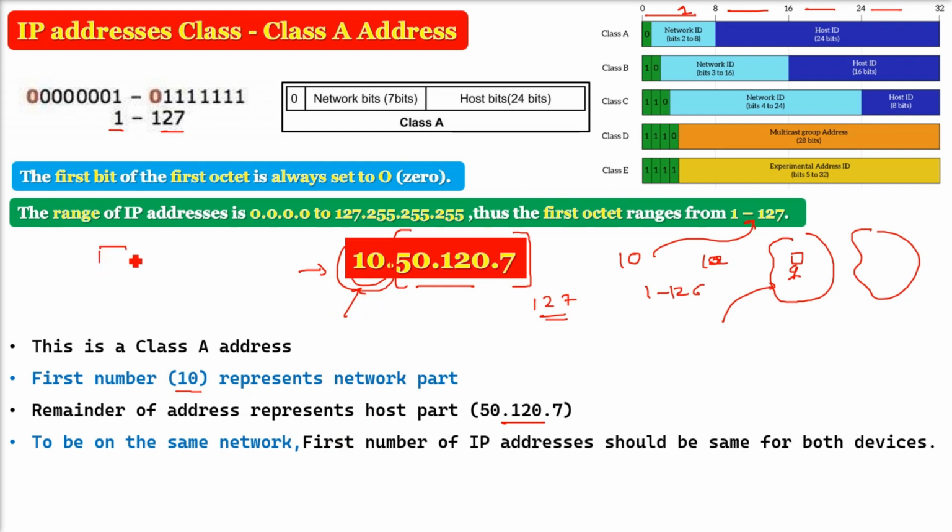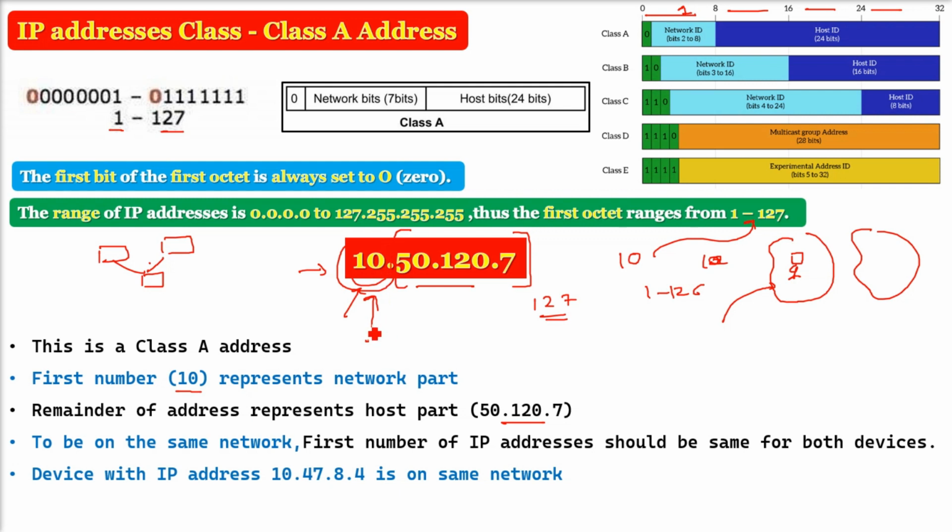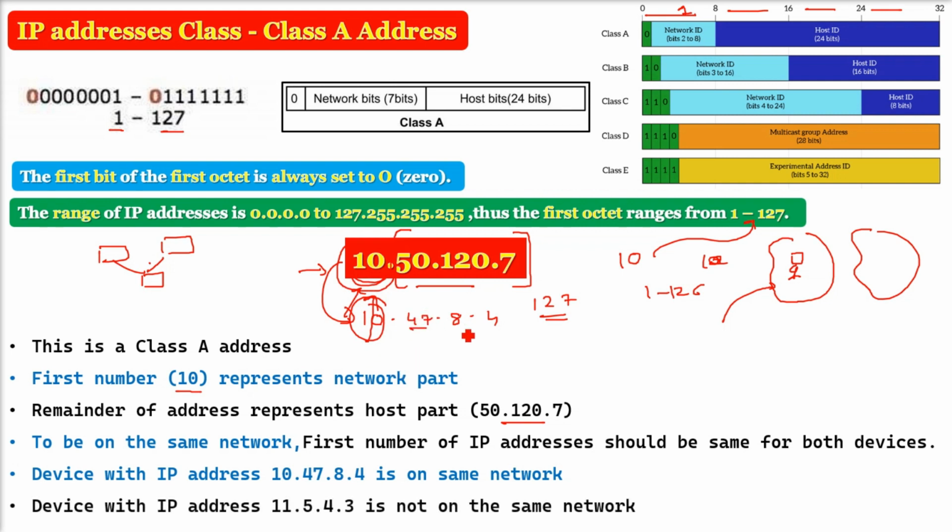If you have two or multiple devices on the same network, the first number of the IP address, starting from the leftmost, whatever decimal it becomes, has to be between 1 to 126. So if I write 10.47.8.4, the first number is 10 in both IPs. That means these two IPs are hosts of the same network.